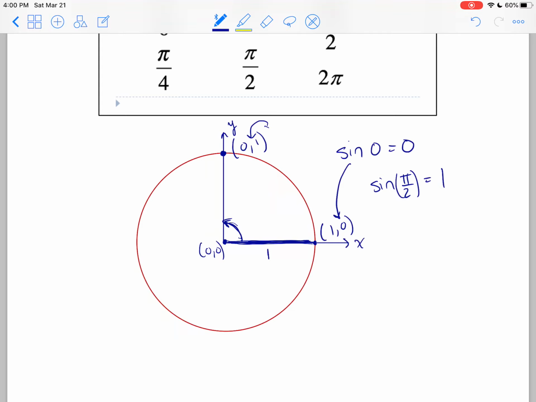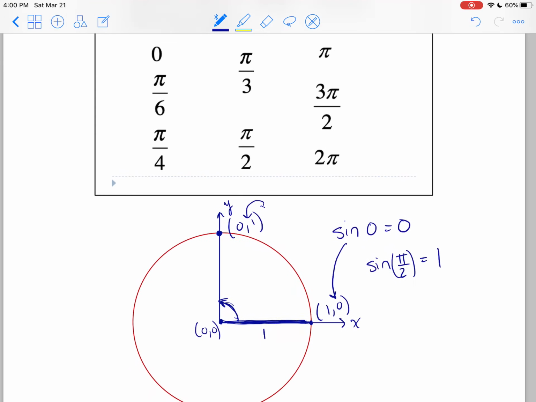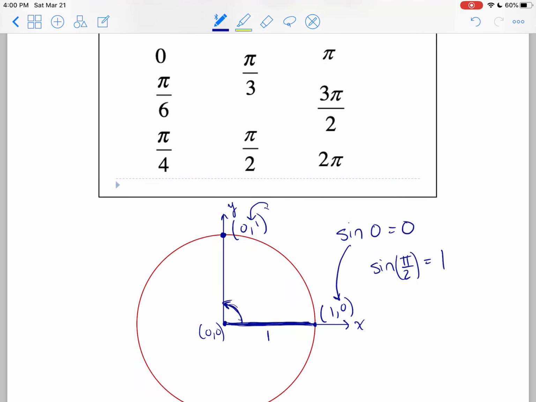The notation of both trig and radian measures are both new concepts to us, but hopefully soon enough you'll get a better understanding that pi over 2 is 90 degrees. Pi is 180 degrees, so pi over 2 is 90 degrees, which means pi over 4 would be 45 degrees. And so all of these angle measures that are listed here in terms of pi are actually also very common degree measure angles too.